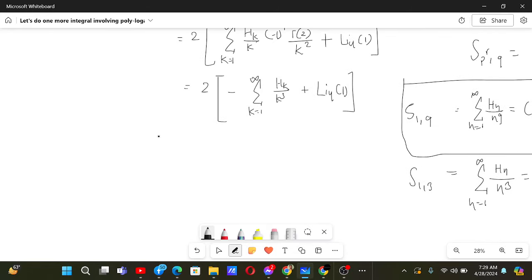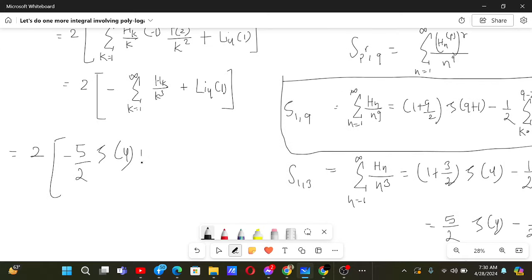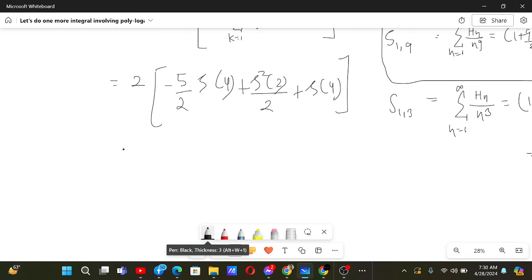If we do that, what we get is minus 5 by 2 Riemann zeta of 4 plus Riemann zeta square 2 by 2, plus Li4 of 1. And we know that Lip of 1 is always Riemann zeta p, so this is also Riemann zeta of 4. Now it's just some simple arithmetic, adding and subtracting numbers, which we have been doing since our lower grades.